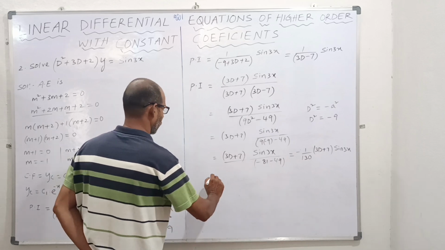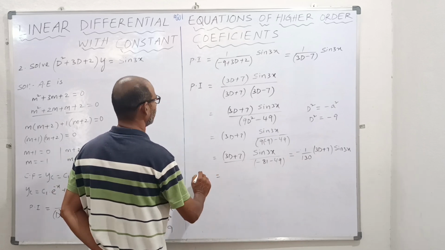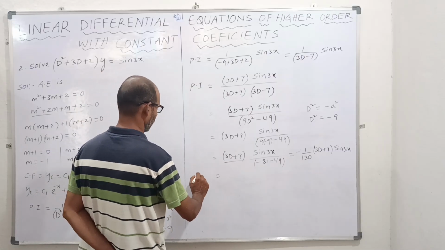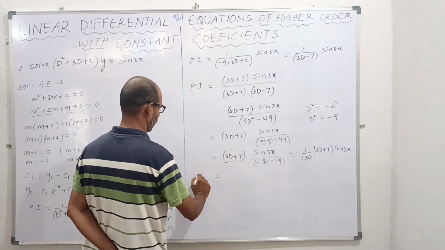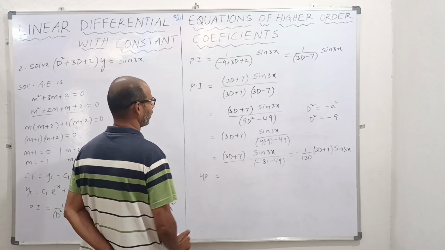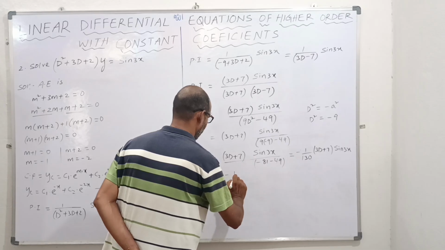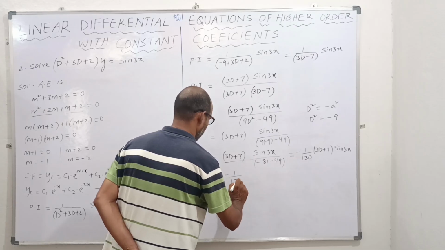Again simplifying, PI is equal to minus 1 by 130.